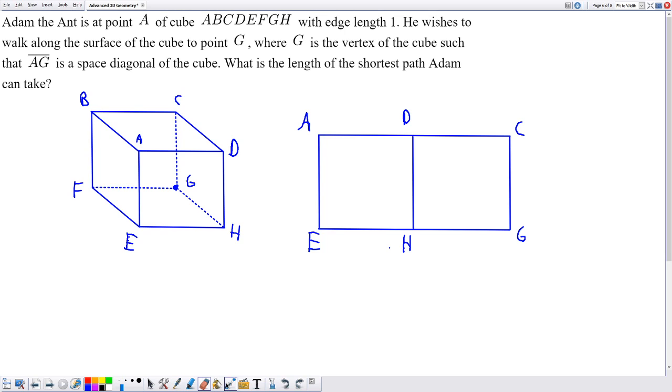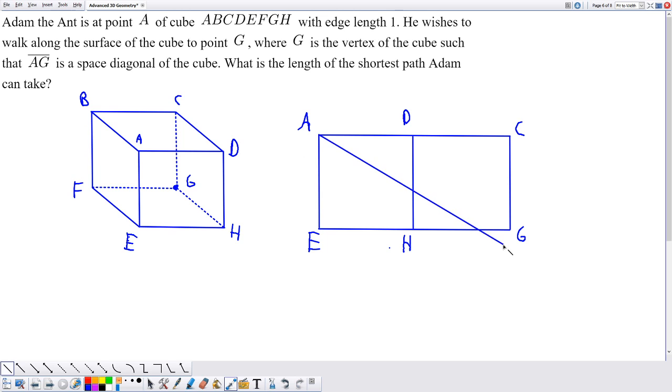We're going to kind of unravel the prism, or the cube, I should say. So what is the shortest path between 2 points? Well, that's a straight line from one point to the other. So a straight line from A to G.